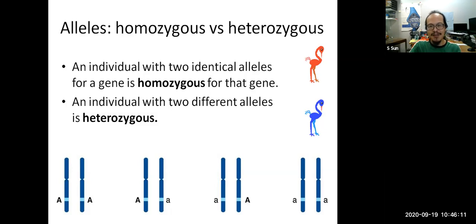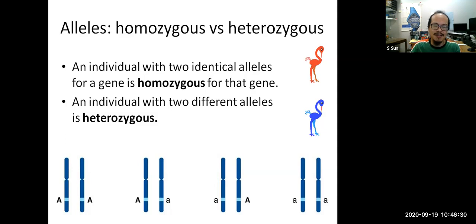If two alleles are the same, it's called homozygous. If two alleles are different, it's called heterozygous. Zygous refers to the zygote, the fertilized egg.